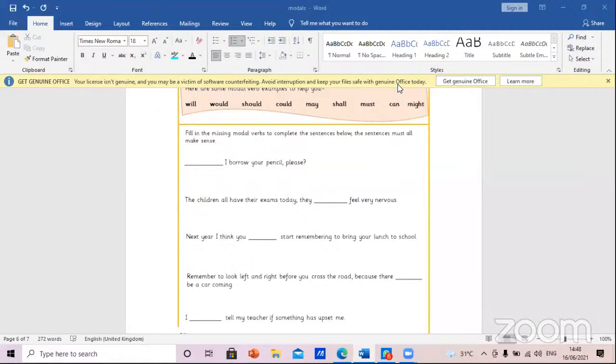Read the question two or three times. Then the model will automatically come to your tongue. When you keep on reading, that will come to your tongue.